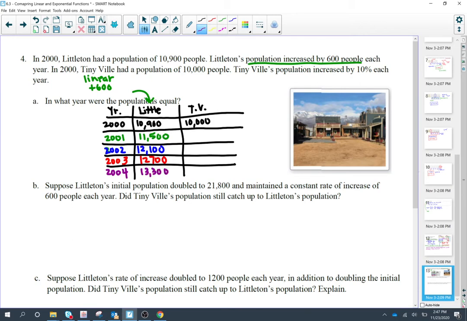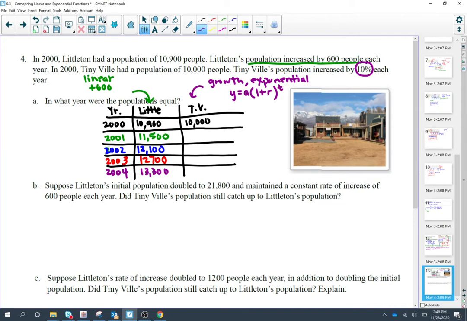Now let's go look at Tinyville. So Tinyville, it says, is going up by 10% each year. Well, 10% is also a growth, but more specifically, because it's a percentage, this is exponential growth. Now, if we're doing exponential growth, do we remember we've got y equals a times 1 plus r to the t power?